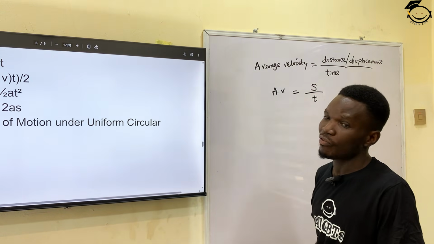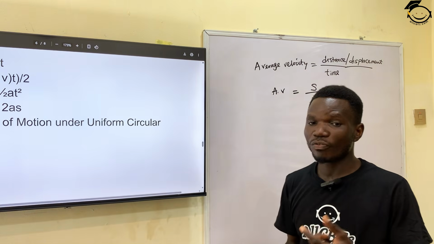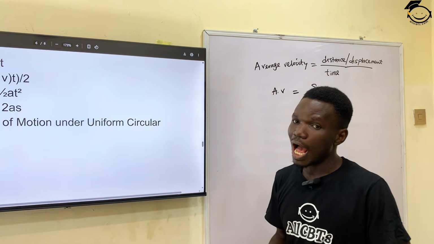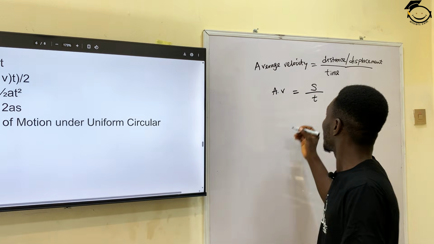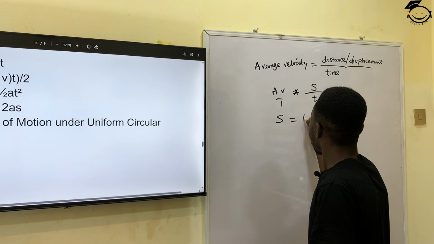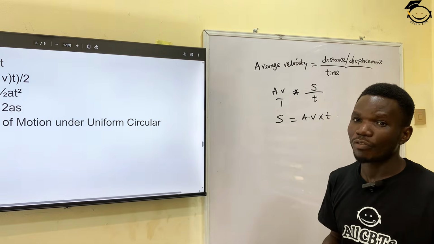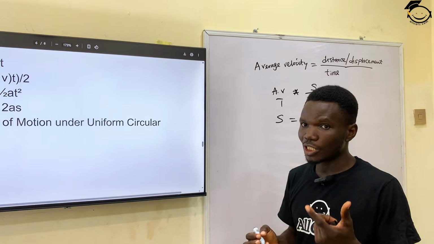And if that's what I have, my average velocity, from what we already established before, we said that we have two types of velocity, which is initial velocity and final velocity. This can also mean that my distance is average velocity times time. And we know that our velocity is of two types, so we have initial and final velocity.